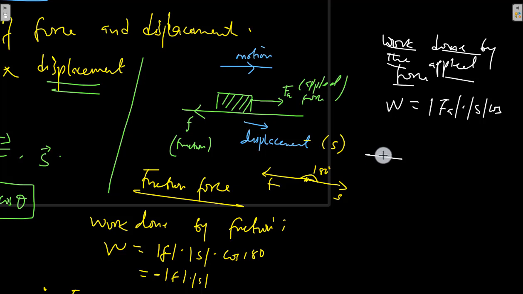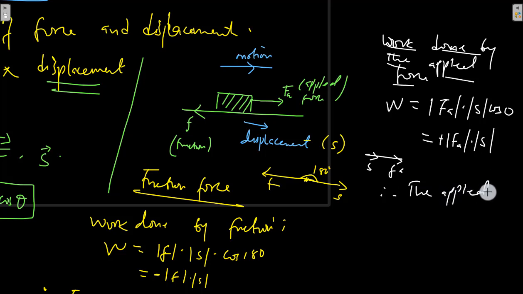The angle between the applied force and the displacement is 0, so that will be cos 0, and we know that cos 0 is 1, so I'll have the magnitude of the applied force times the magnitude of the displacement. What is important here is that the work is positive because cos 0 is positive 1, so we conclude that the applied force does positive work.